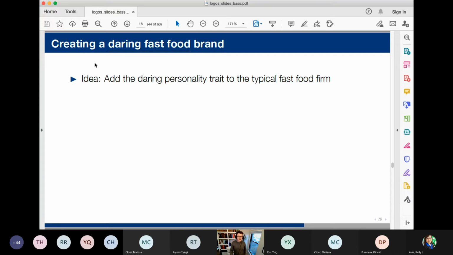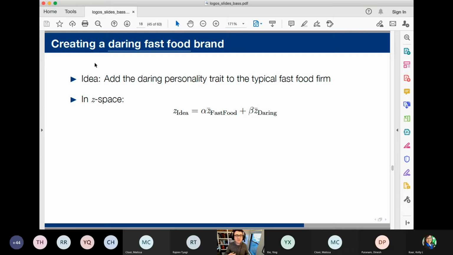The idea is we're going to try to add the daring personality trait to a typical fast food firm. From the language of brand arithmetic, what this means is we're going to take the average Z vector corresponding to a bunch of fast food firms, and add to that the average Z vector corresponding to a bunch of daring firms. And we're going to think about what pops out when we do that.